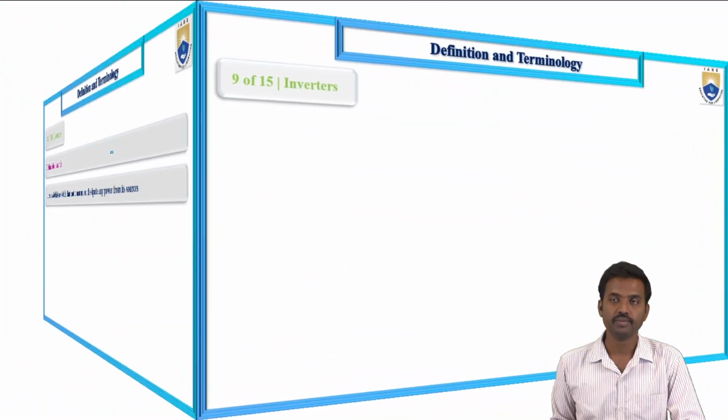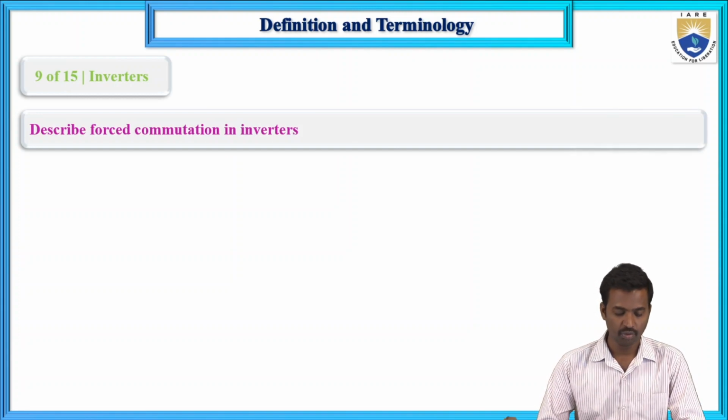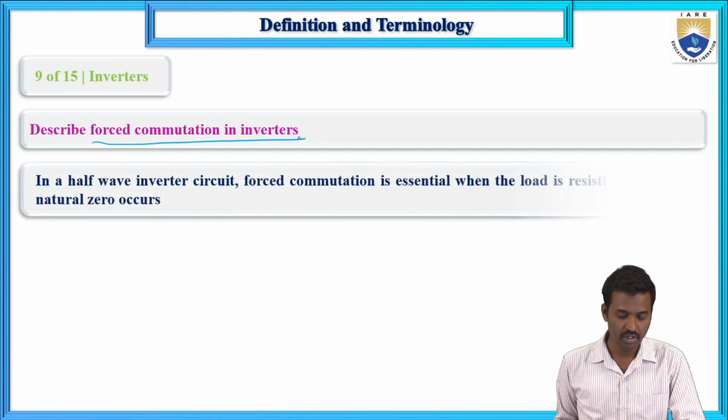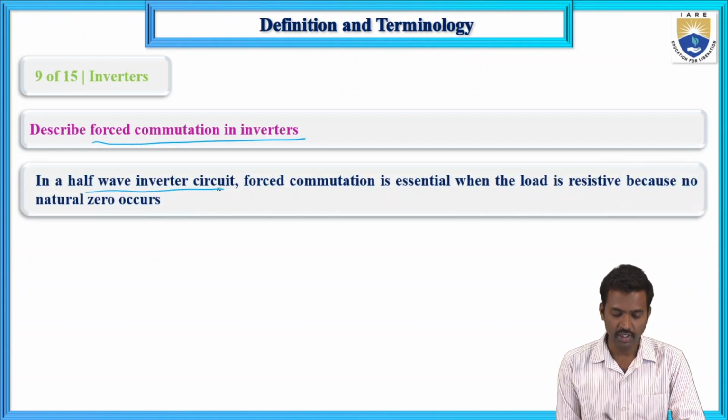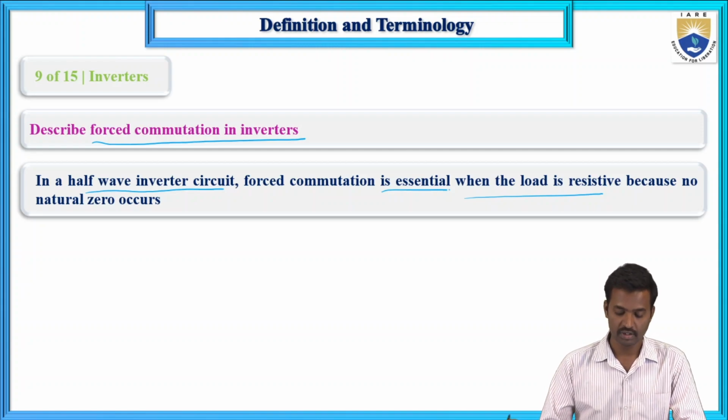Now the ninth one, describe forced commutation in the inverters. In the half wave inverter circuit, forced commutation is essential when the load is resistive because no natural commutation occurs.